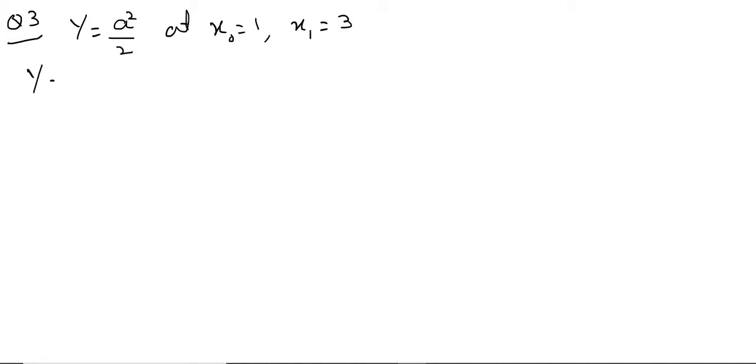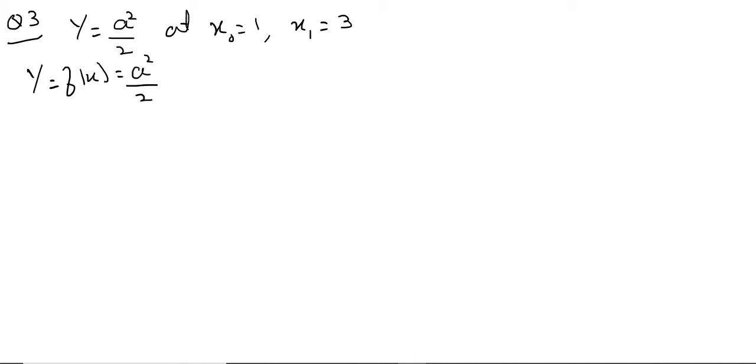Now question number 3. Again we have to find out the average rate of change, and now we have a function which is constant, a square over 2, at x naught is equal to 1 and x1 is equal to 3. Now again y is equal to f of x is equal to a square over 2.